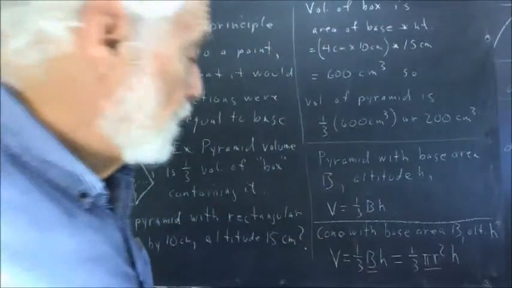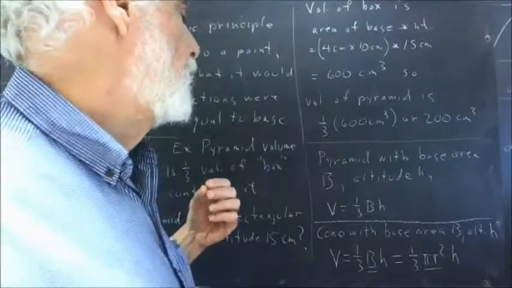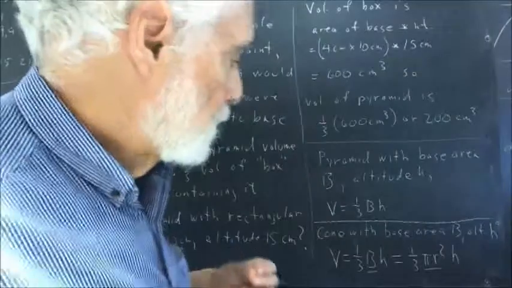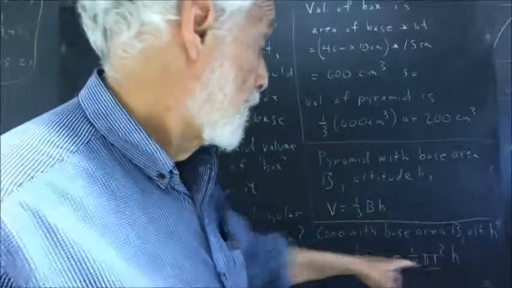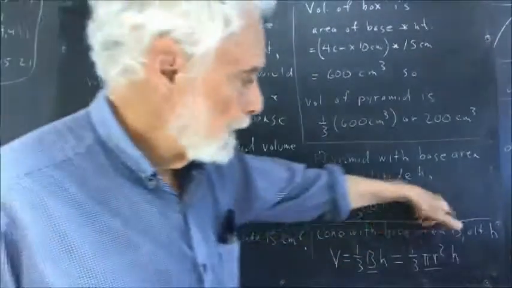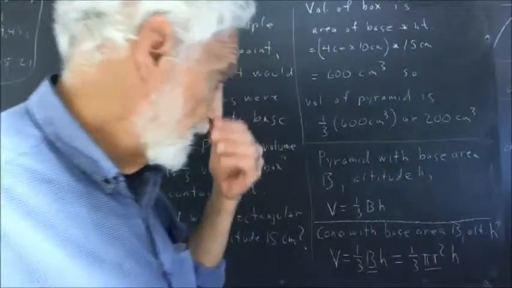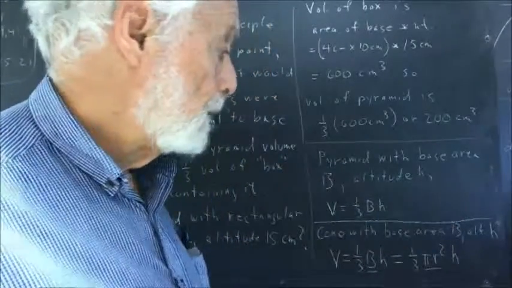Now, the way you usually see the formula for the volume of a cone, it's written 1/3 pi r squared H. Okay, that's a little harder to remember than this, and if you just use this principle, this is really pretty much unnecessary, and of course it's pretty easy to derive anytime you want it anyhow, because what?